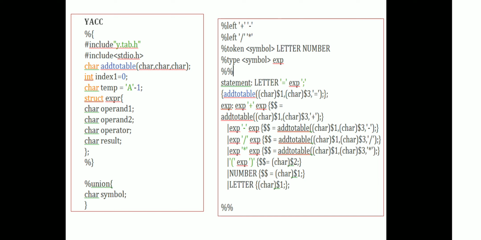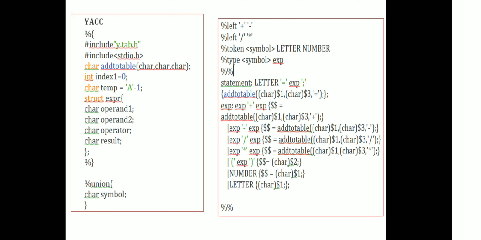Now one structure is declared over here. The name of the structure is expression, expr. The fields of that expression are operand 1, operand 2, operator, and result. This is related to any expression. So a particular expression consists of 4 fields: result equal to left child plus, that is the operator, right child.